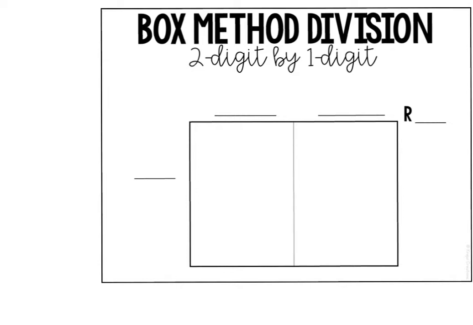So let me show you an example of how we could use this. Let's start with 48 divided by 2. The first thing I do is I try to divide the 4 into 2 groups. 4 into 2 groups, I can do that. 4 divided by 2 equals 2, so I write it on the top.